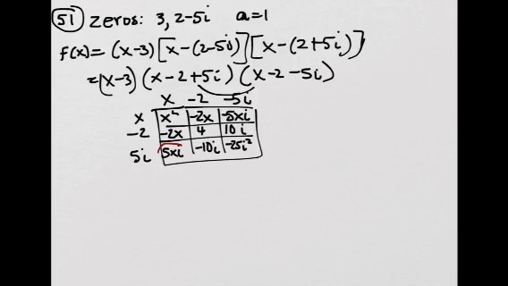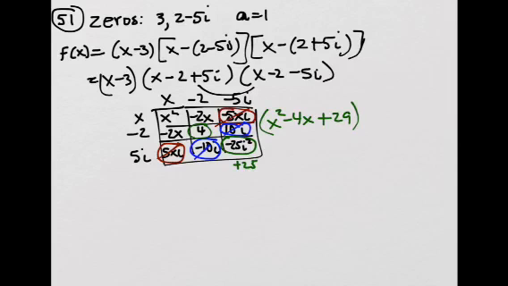So 5xi and negative 5xi is 0. Negative 10i and positive 10i is 0. And negative 25i squared is actually positive 25. So now you have x squared minus 4x plus 29, because you have that 4 here.